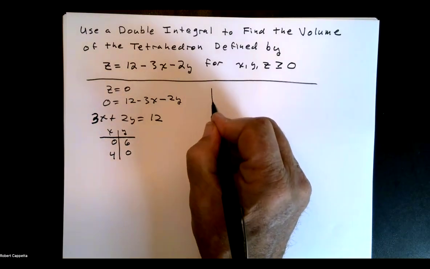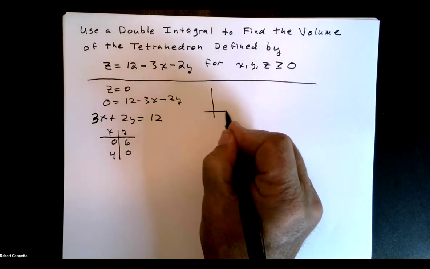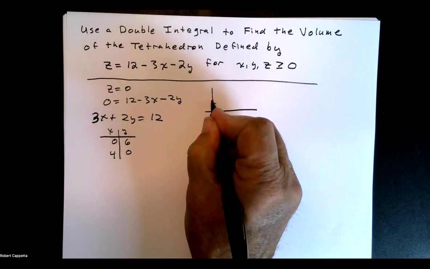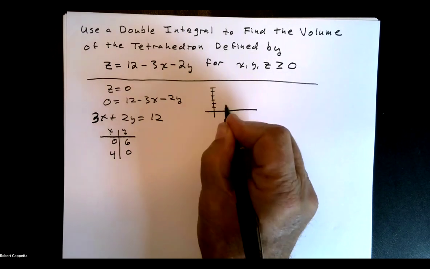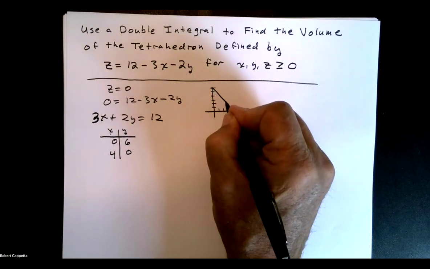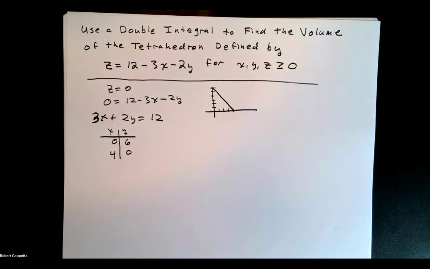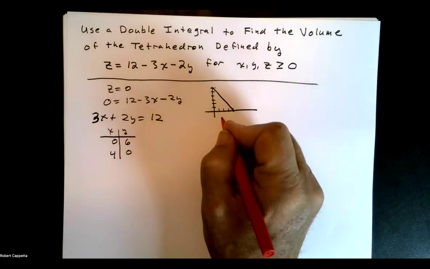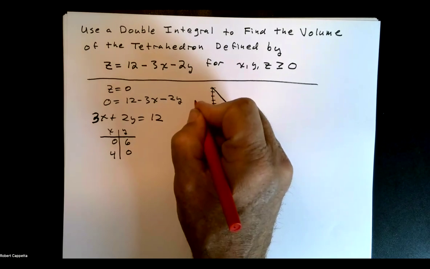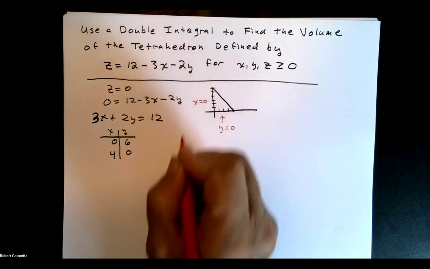So if we're going to visualize this, what do we have? The points 0, 6, and 4, 0. We're here, and we have our borders. Our southern border is y equals 0. Our western border would be x equals 0.